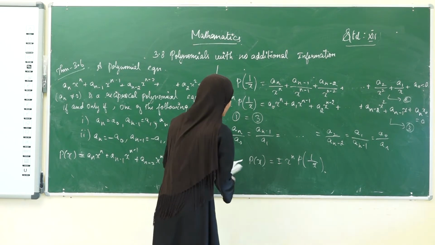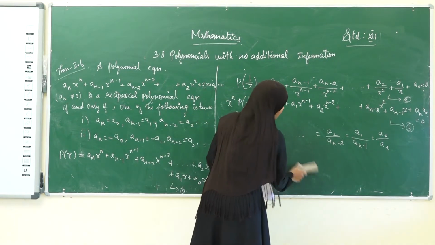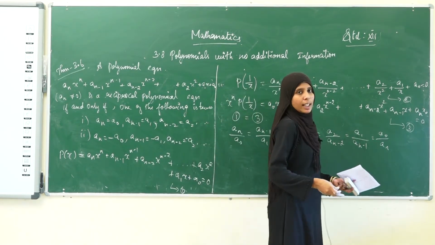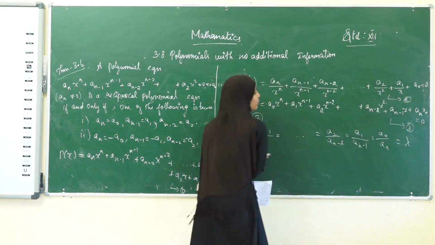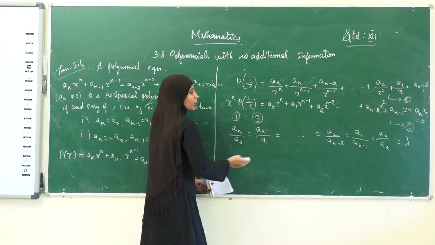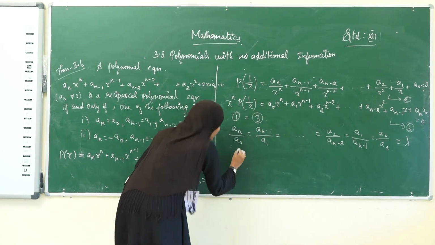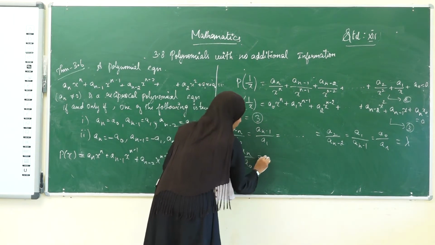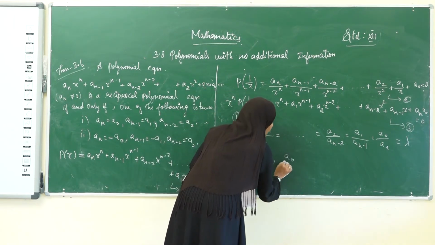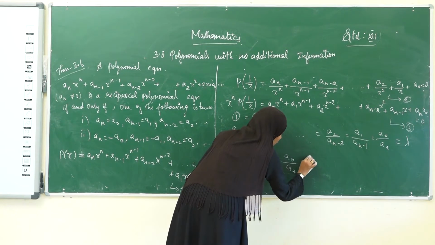Okay, now what we are going to do is, we are taking the value of proportion as lambda. See this, they are in some ratio format, right? So we are taking the value of proportion as lambda. Therefore, consider the first term and last term, a n divided by a naught is equal to lambda, and then a naught divided by a n will be equal to lambda.